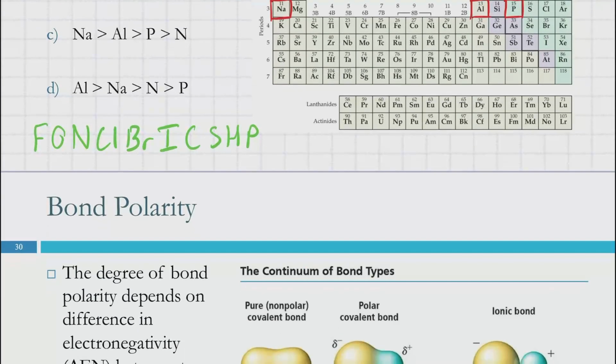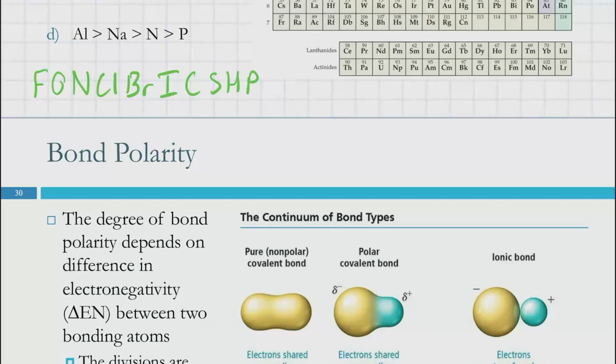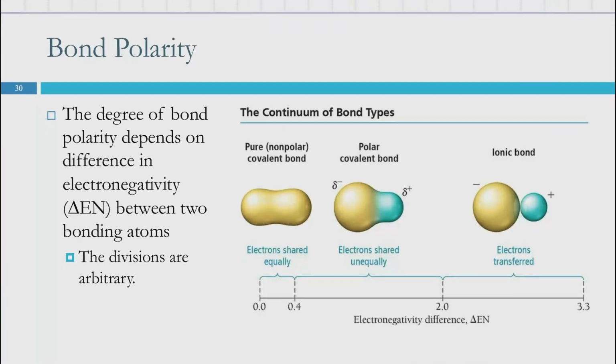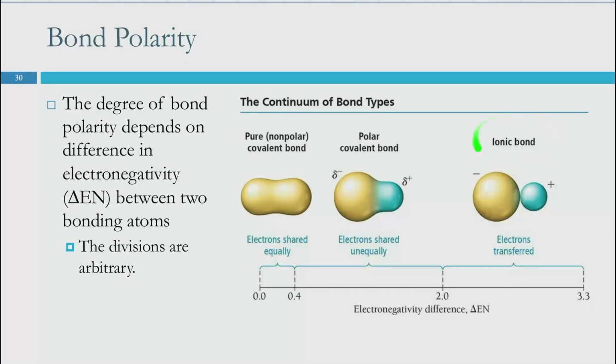Okay, so we've learned about electronegativity. Higher electronegativity, stronger ability to pull on the electrons. We're winning the tug-of-war battle. And this affects bond polarity. We talked very briefly about polar covalent bonds. We've talked a bit about ionic bonds, and pure covalent bonds have also been mentioned.